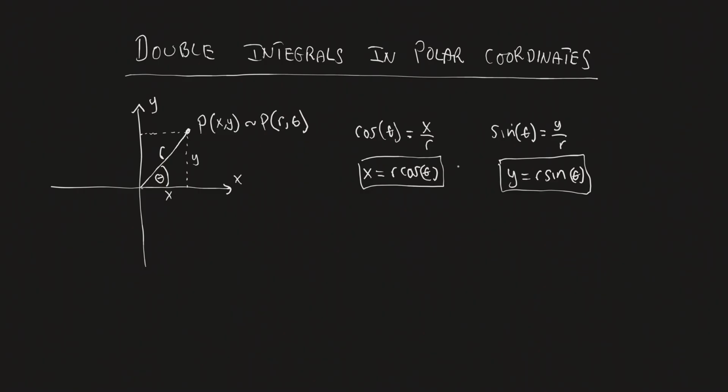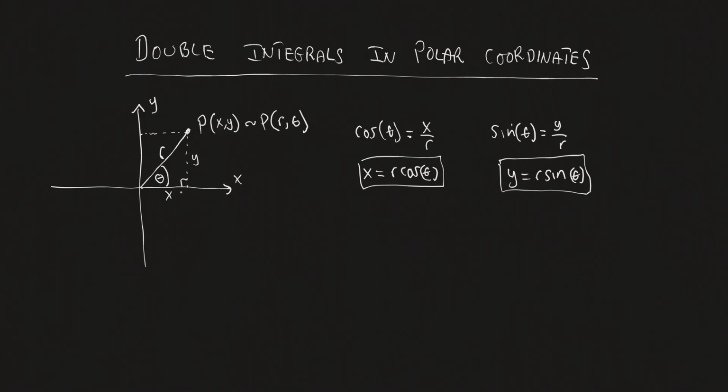But before we do that, what if, instead of having x and y in terms of r and theta, I wanted to find r and theta in terms of x and y? And the answer is yes, we can. So let's say I used Pythagoras, because we have a right triangle there.